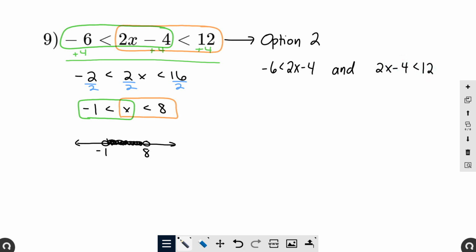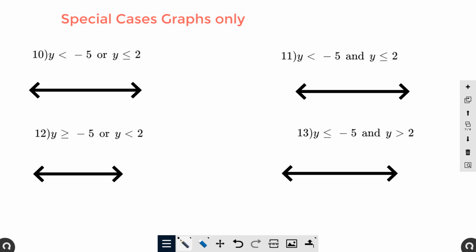So you can split it into two problems if you want to. Solve one, solve the other, and then graph them together. I like to just solve it all together because it's less math that I have to do. This one kind of splits to two problems. Does it matter which one you do? Nope.